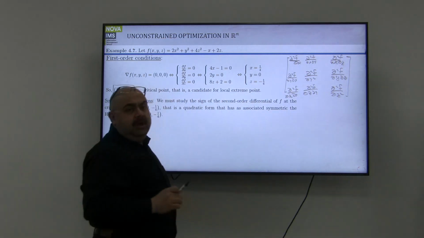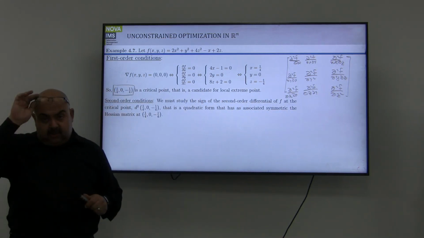I will need to get the values of my Hessian matrix.